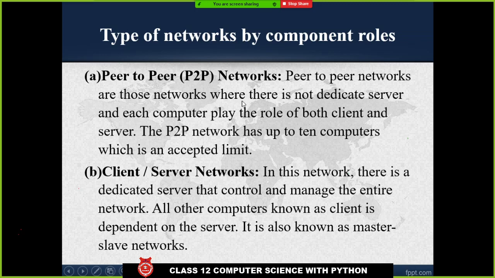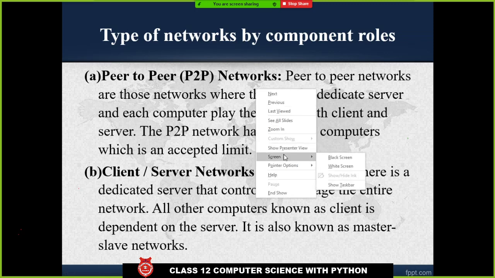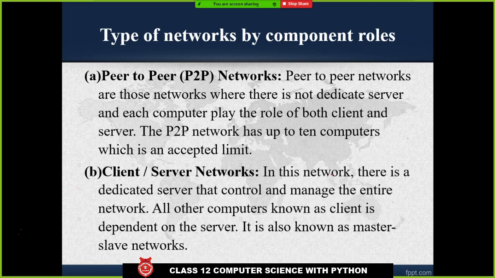So this is known as a P2P network. That means a computer can play the role of client as well as the role of server.